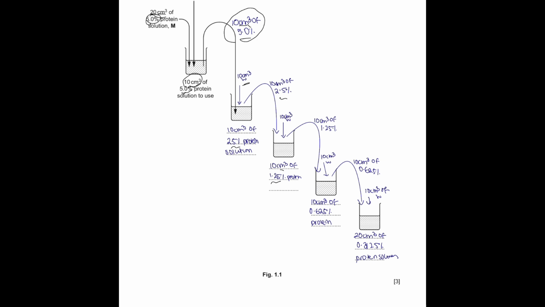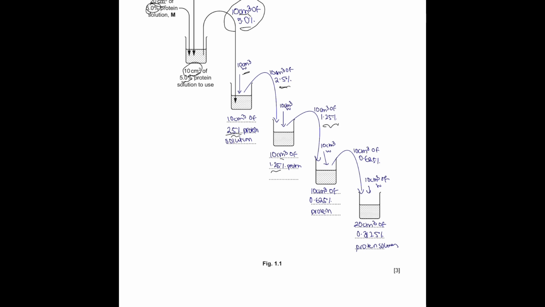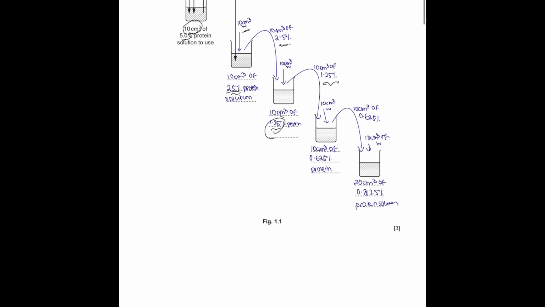So by that we got 10 cm³ of 2.5, and then we removed 10 cm³ of 2.5 and added 10 water, and then removed 10 cm³ of 1.25, which is the new concentration that we got. And then we removed 10 cm³ of 1.25 and added 10 cm³ of water.